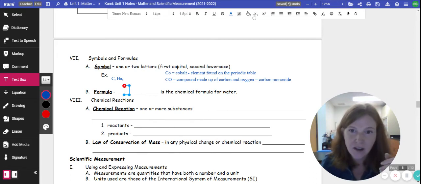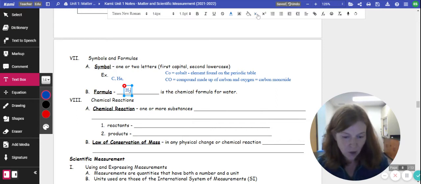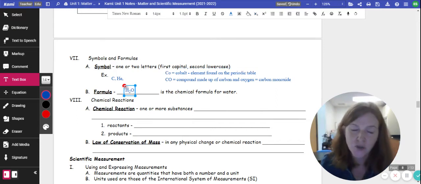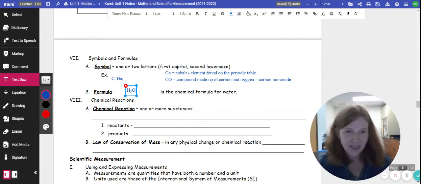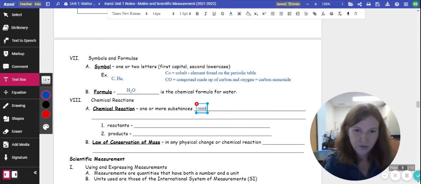Formulas are when we start to take all these different element symbols and put them together. So for example, I think everyone is aware, water is H2O, 2 hydrogen atoms, 1 oxygen atom bonded together to make water. A chemical reaction is when one or more substances rearrange their atoms to form new substances.